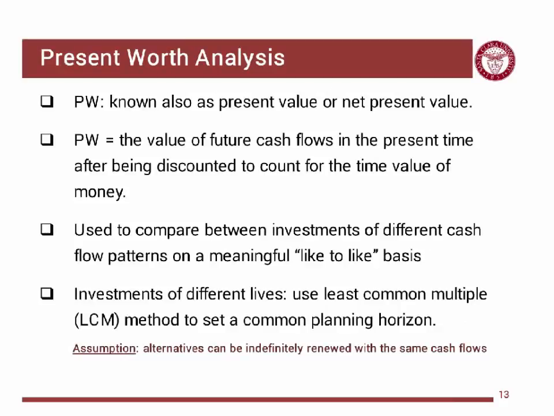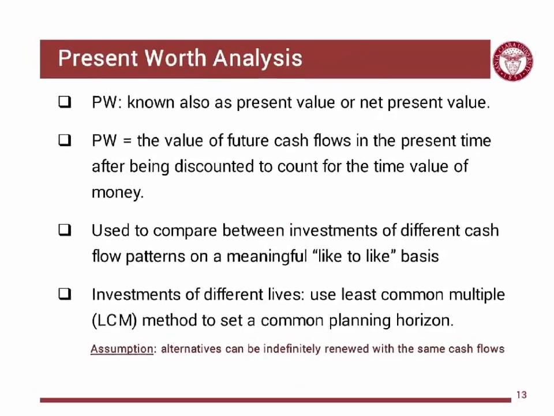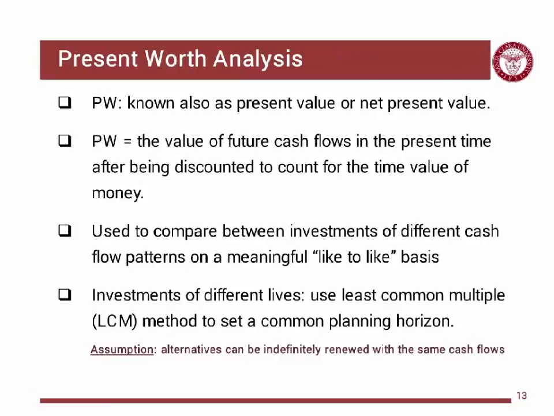So present worth here, again, we did that on a single problem basis. You can see here the present worth. You're squeezing the whole cash flow into a value at the present time.